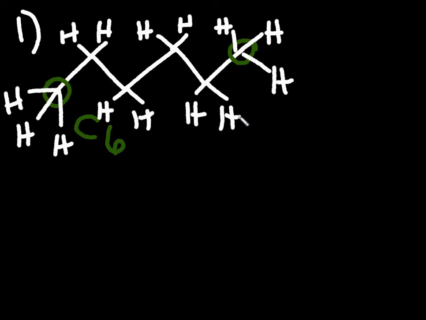So now if we count that out, remember we have C6. Now how many hydrogens? We have 1, 2, 3, 4, 5, 6, 7, 8, 9, 10, 11, 12, 13, 14. So it's C6H14, and this is your condensed formula.